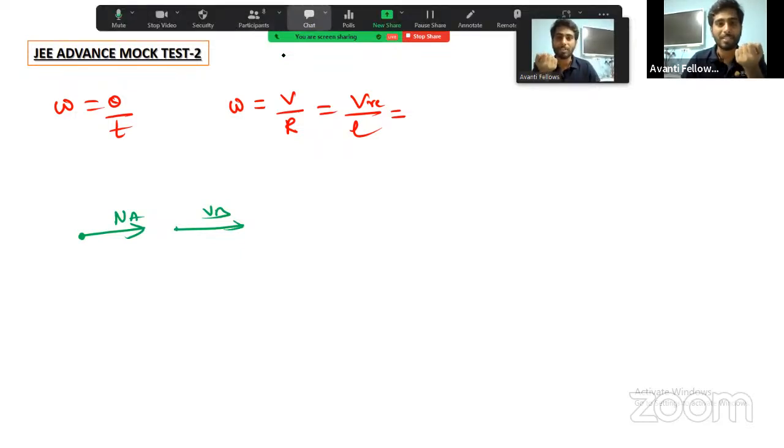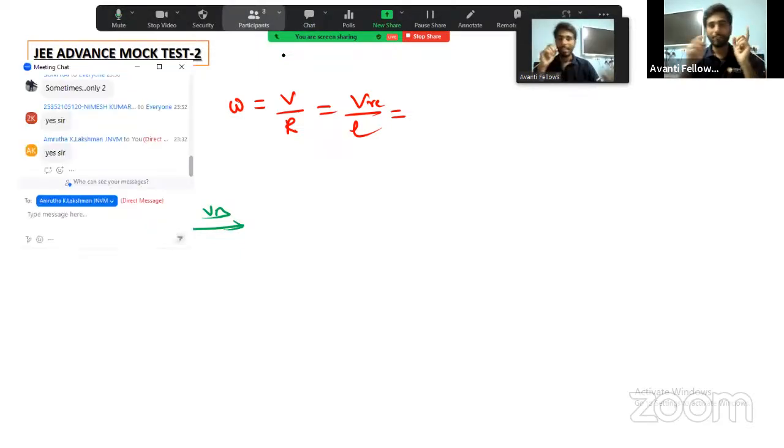Let me know in the chat box. Will you add these two velocities or subtract? Amrita, Nitin, Roy, may I know whether we need to subtract or add? Just give me in terms of symbols, that is enough.